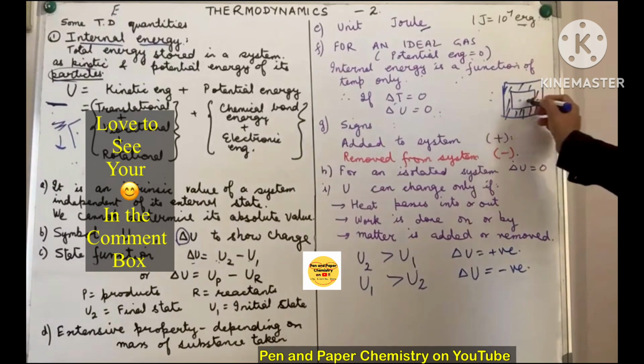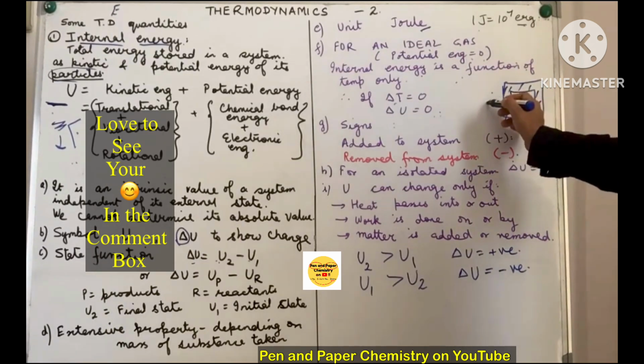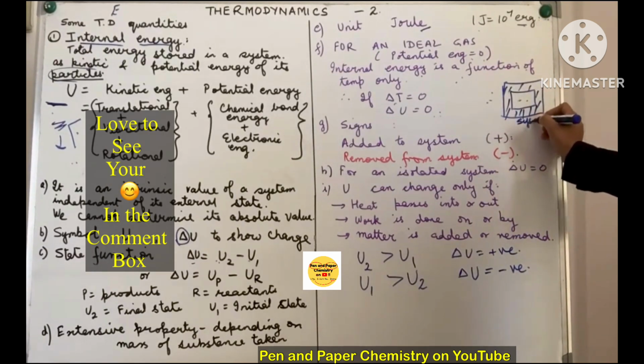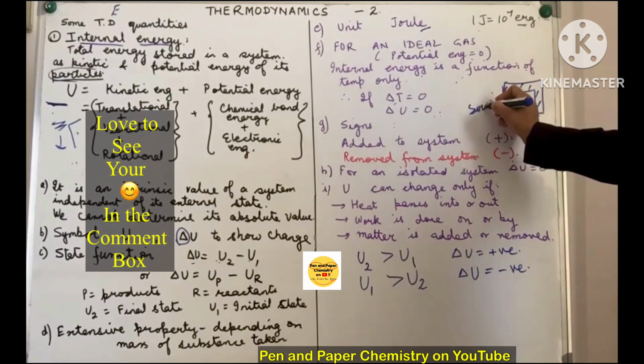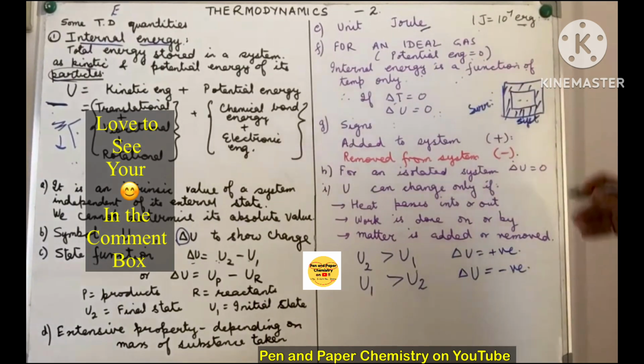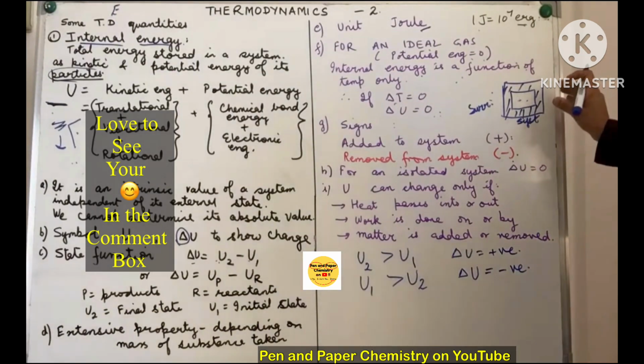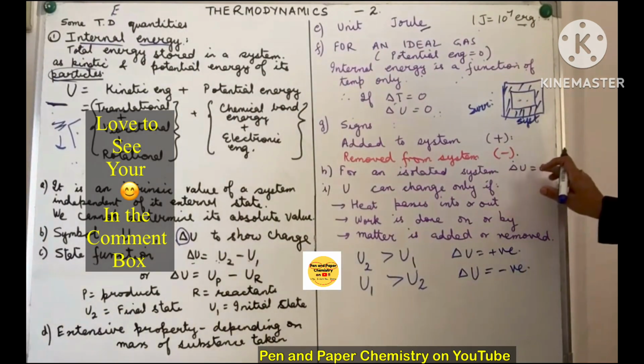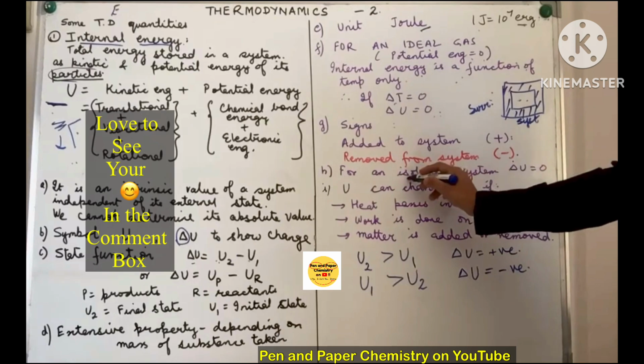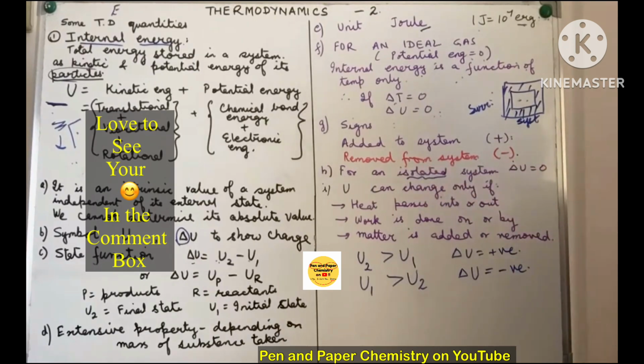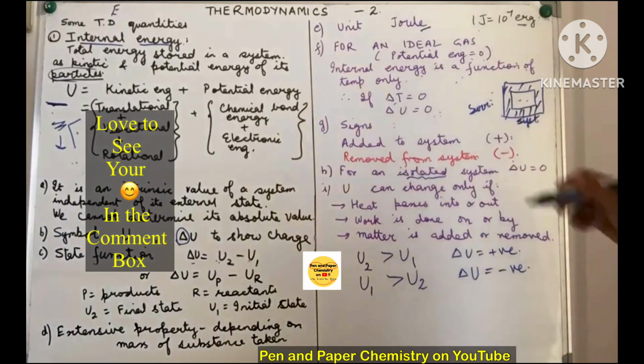In other words, there is no to and fro happening between the system and the surroundings. Because of this, there is no change in the status of the system. So we say delta U is zero. That means in such a state, the change in internal energy for this arrangement is zero for an isolated system.